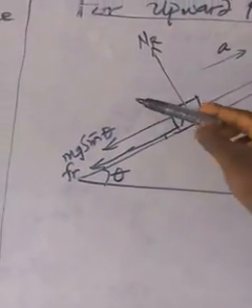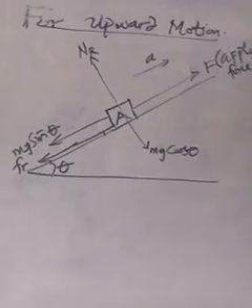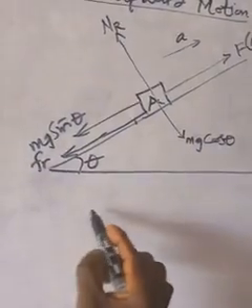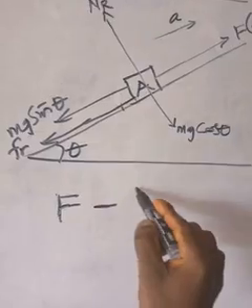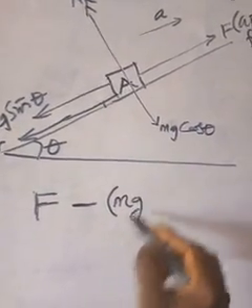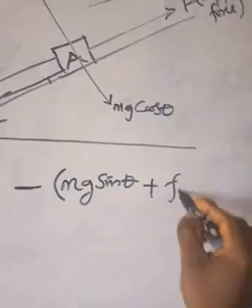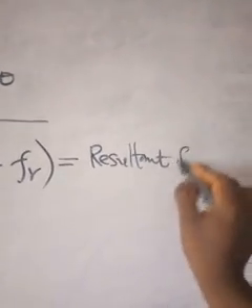Now the total force acting downward is mg sin theta and the frictional force. When we calculate the resultant force, we see that the applied force is always greater than the frictional force. So we have F, which is the applied force, minus the total force acting downward, trying to oppose the movement, which is mg sin theta plus the frictional force, equal to the net or resultant force.